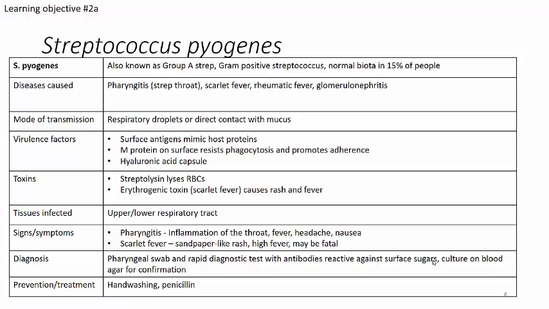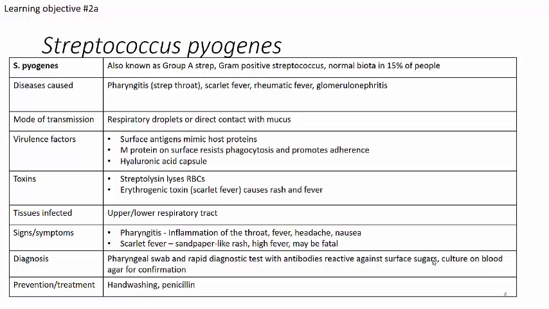It causes pharyngitis, which is commonly referred to as strep throat, and in some cases, types of strep pyogenes can cause a more advanced pharyngitis, which is scarlet fever. It also causes rheumatic fever and glomerulonephritis. We're not going to talk about rheumatic fever or glomerulonephritis, so we'll focus on strep throat and scarlet fever.